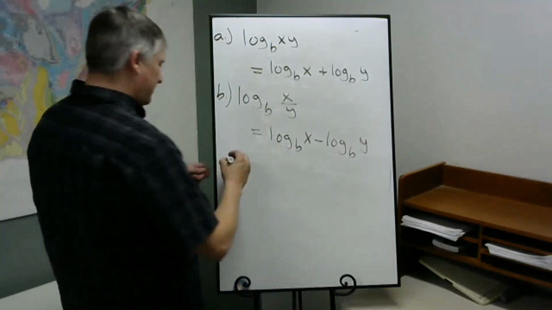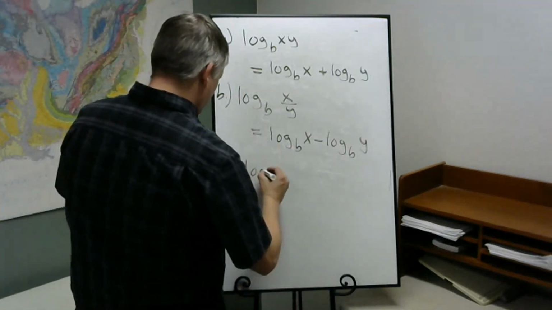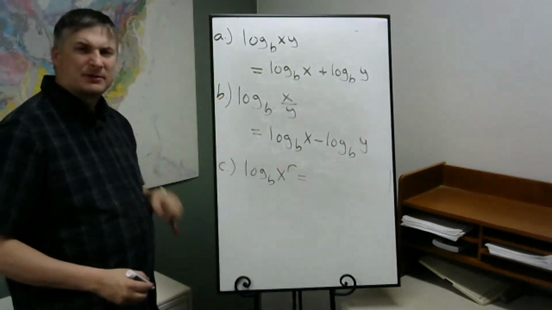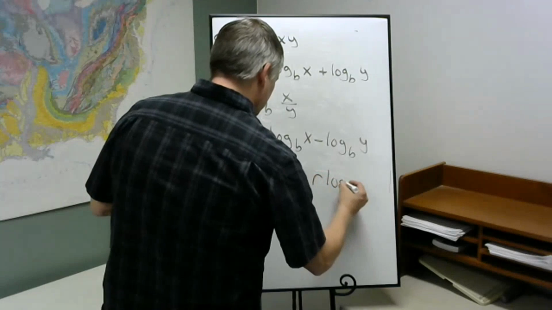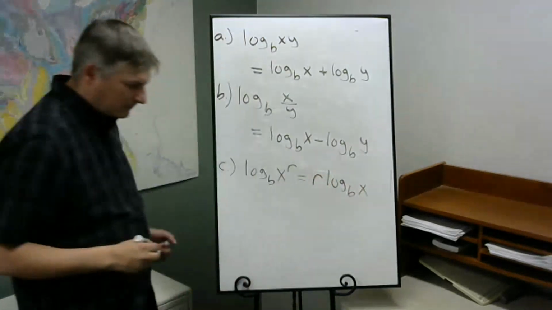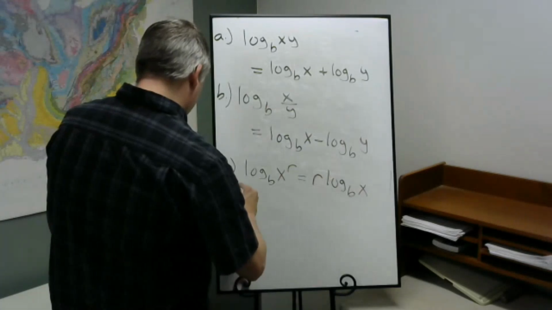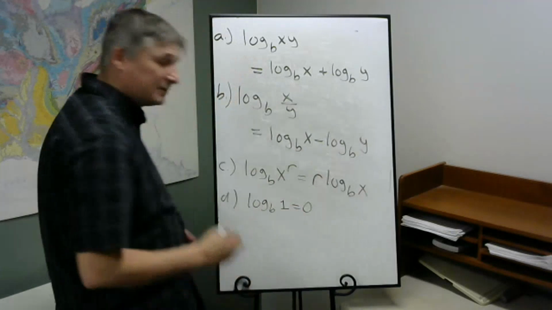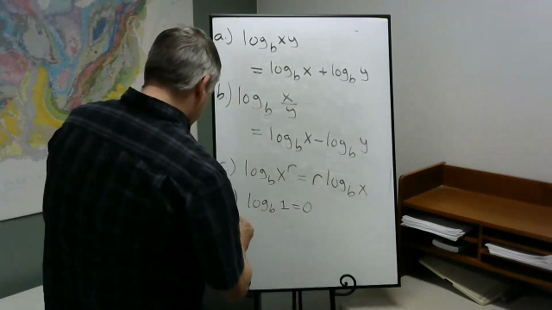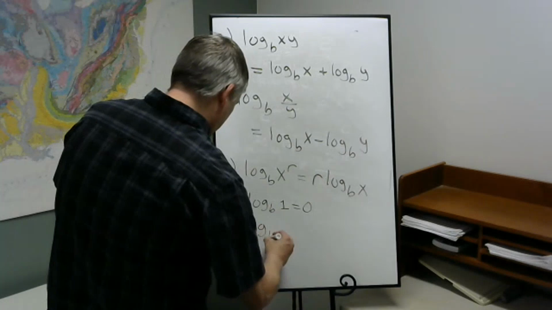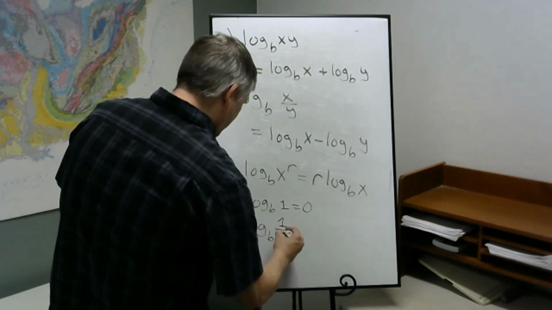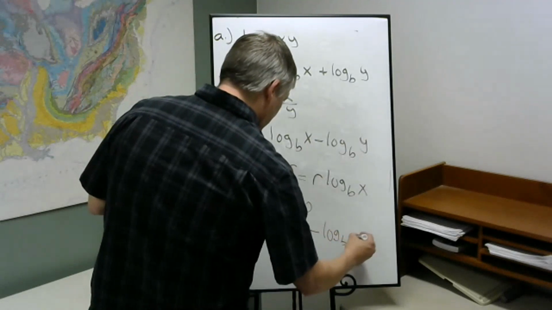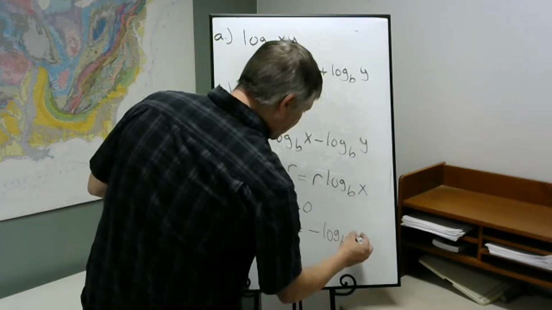When we take the log of something that has an exponent, that exponent hops down. The log of 1 is equal to 0. And the log of 1 over something is just going to be negative log of that denominator.